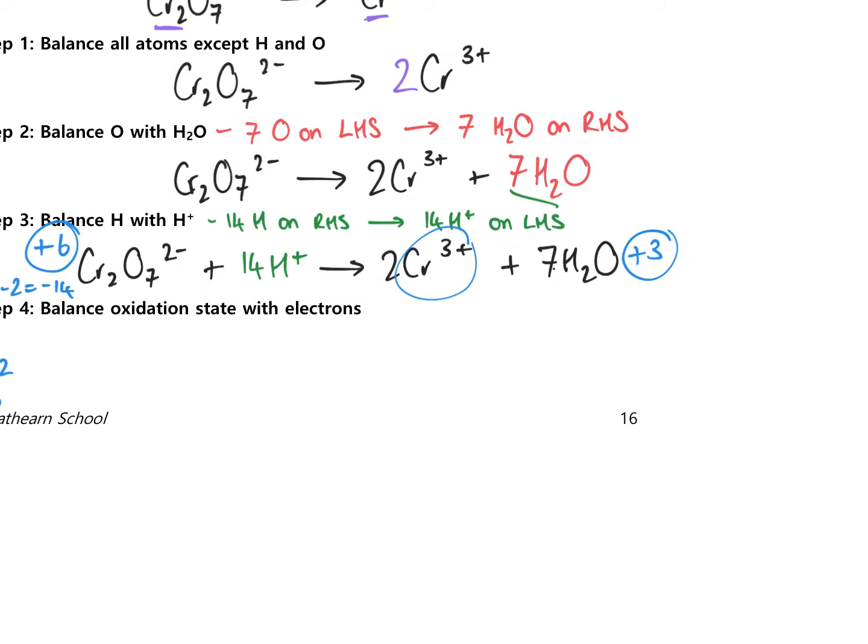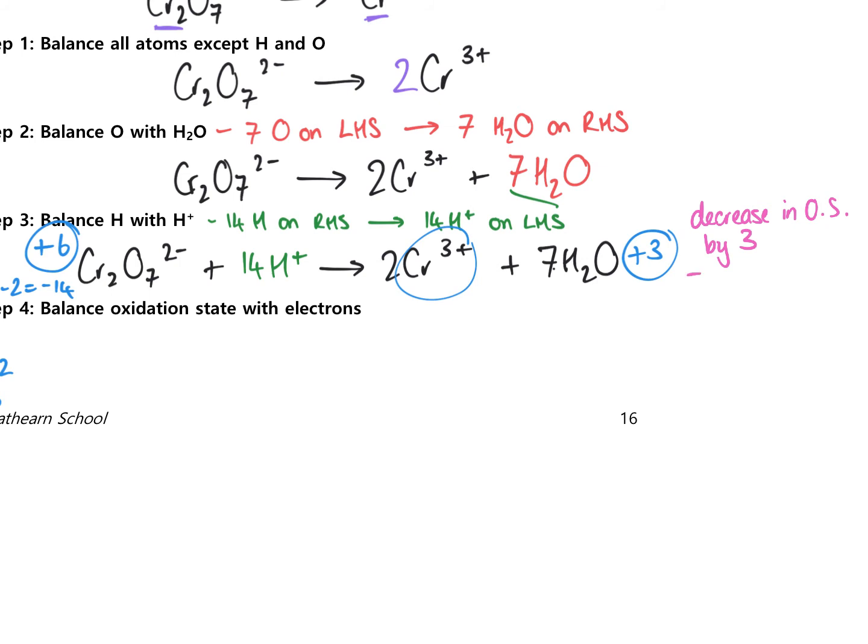So let's now have a think about what has happened in terms of the change of our oxidation state. We can see that there is a decrease in oxidation state by 3. Okay, we're going from plus 6 to plus 3. So that's a decrease in oxidation state by 3.